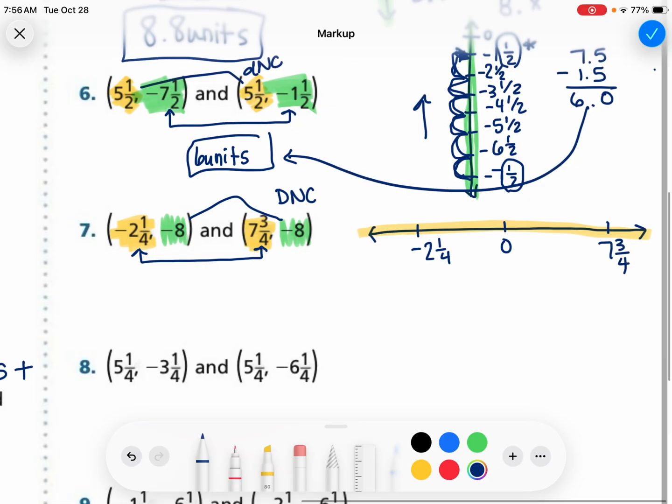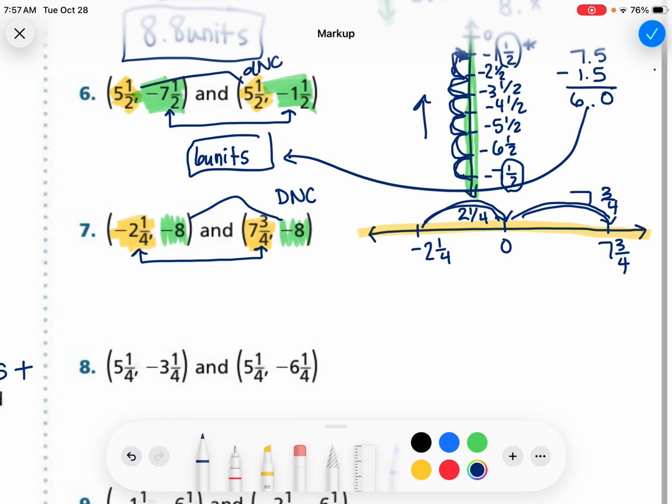1 second, baby. Okay. So if I'm going to have to cross 0 to go there, I'm going to have to travel 2 1/4 this way. And then I'm going to travel another 7 3/4. So you're traveling from here to here, and then from here to here.